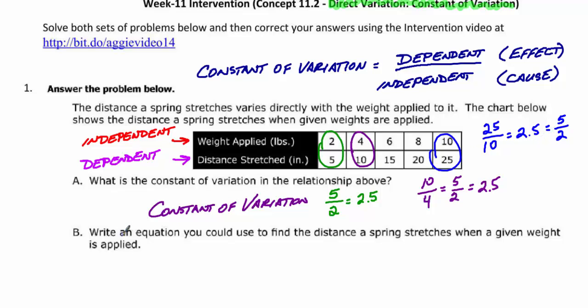The second part says write an equation that you could find the distance the spring stretches. We're going to call that D. We're going to say D is equal to the distance the spring stretches when a given weight is applied.